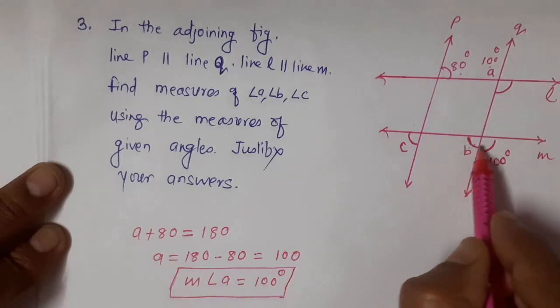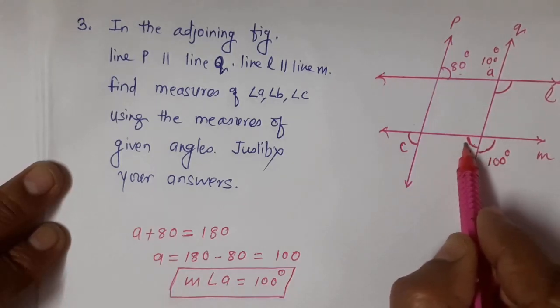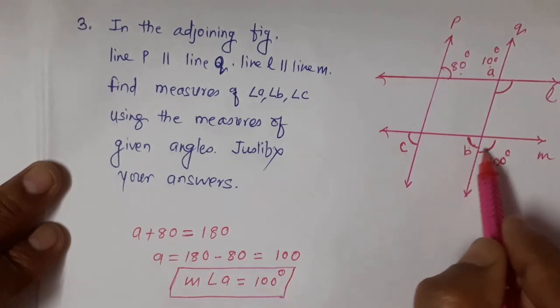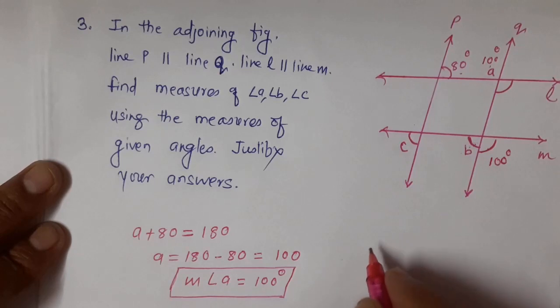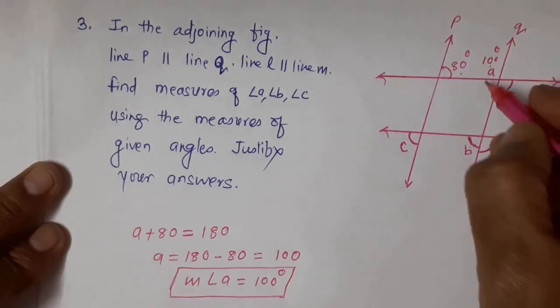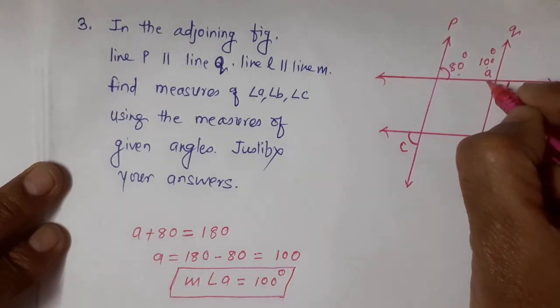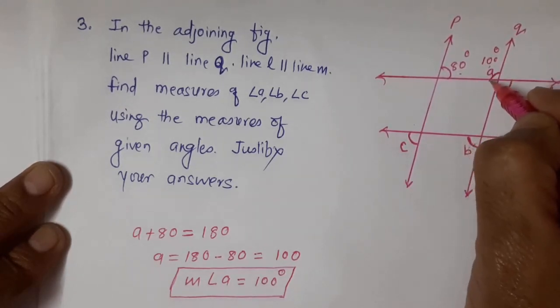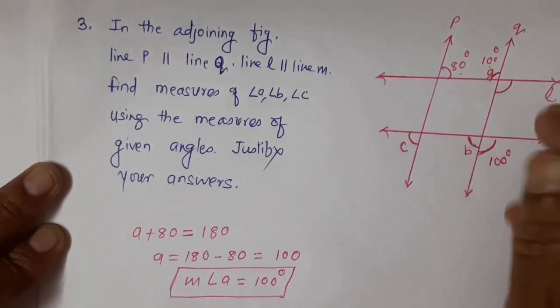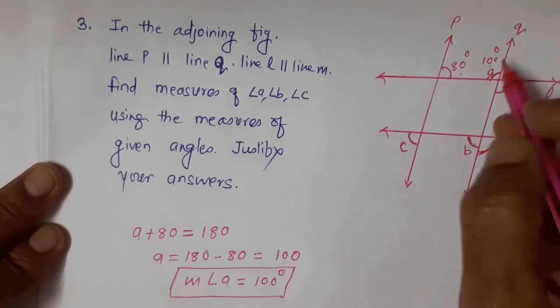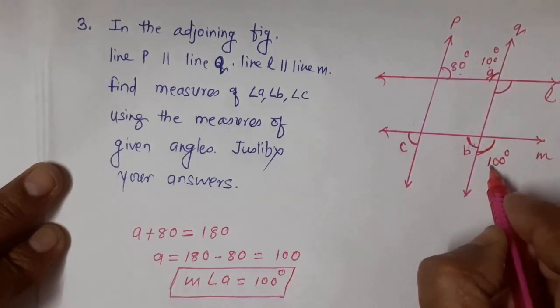And what pair is formed over here? This is a linear pair. To justify it: this angle and this angle, the 100 degrees we found, are exterior alternate angles, they are congruent, that's why it is 100.